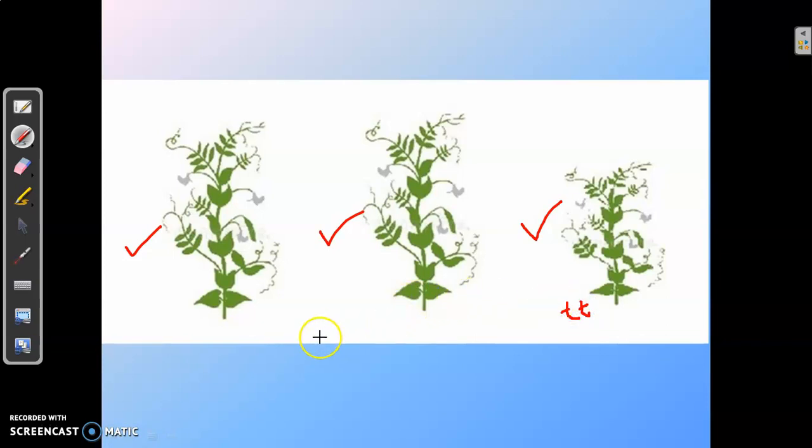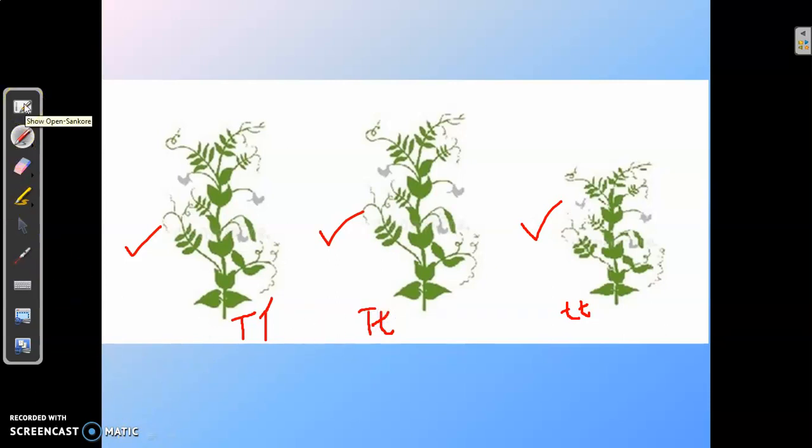But if we want to know the genotype of a tall plant, it can be of two types. It can be either a homozygous tall plant, that is capital T capital T, or a heterozygous tall plant, that is capital T and small t.